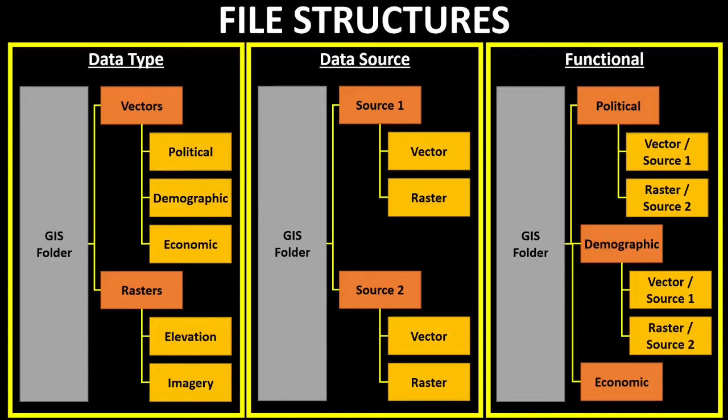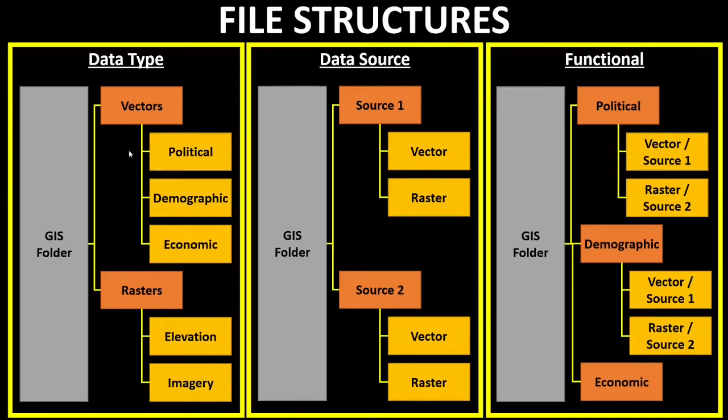And I put source 1, source 2. You'd have as many source folders as you needed. Just keep in mind, if you end up having quite a few source folders, it can get really messy, and you should question whether that's the best structure. So this is more useful if you're just going to work with a finite number of sources, and the source is your primary concern, your highest point of interest.